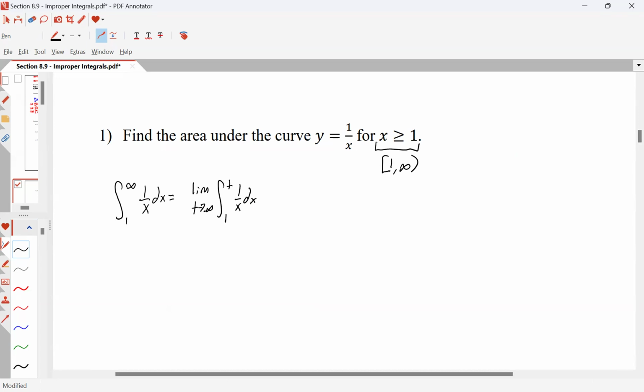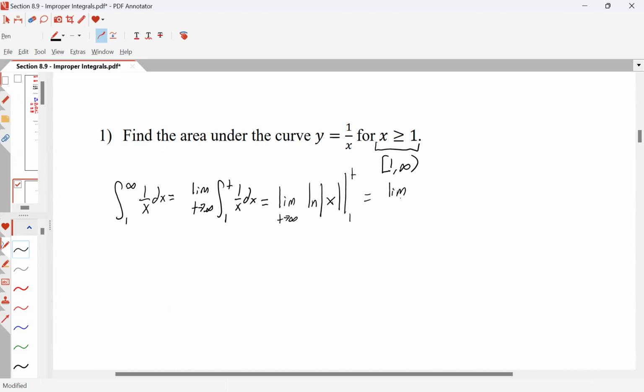The integral of 1 over x is the natural log. So we still need the limit as t goes to infinity of the natural log of the absolute value of x, from 1 to t.